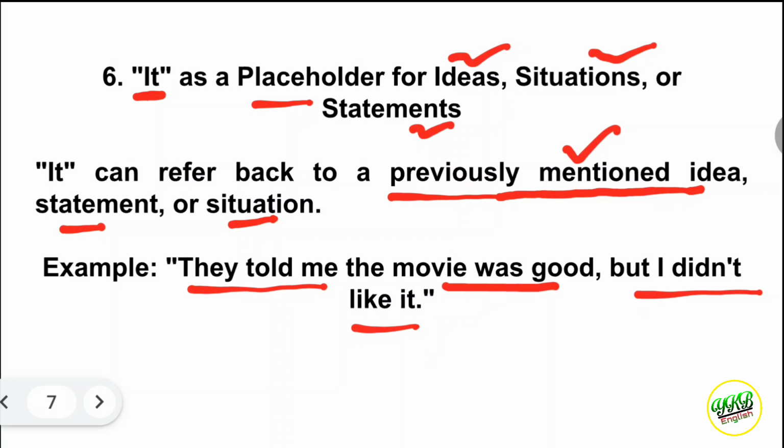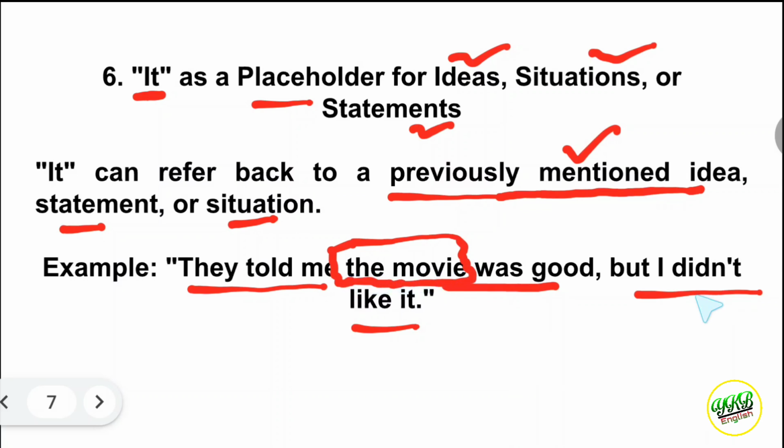In this sentence, the first part is like our fifth use of "it." "They told me the movie was good," so the movie is the object here.